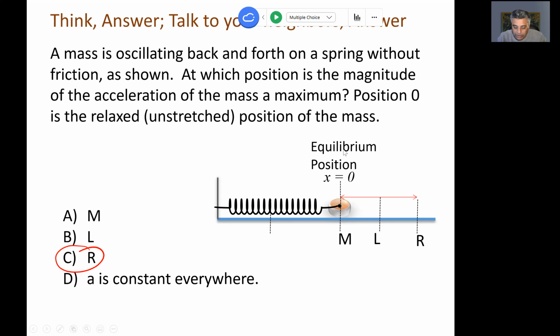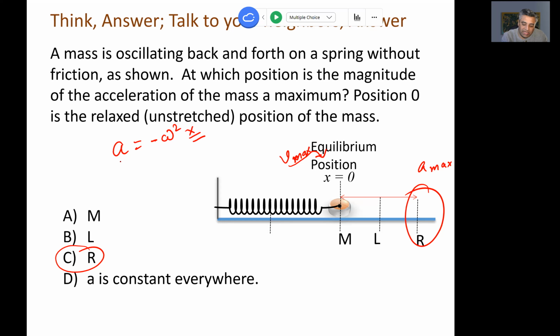So at equilibrium position, velocity is maximum. At turning position, acceleration is maximum. That's how it works. A max here, B max here. And you can also tell that by looking at this equation here.